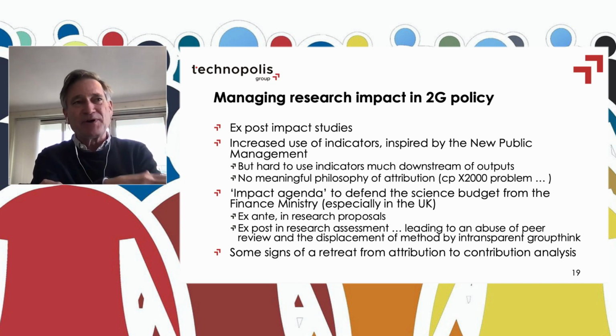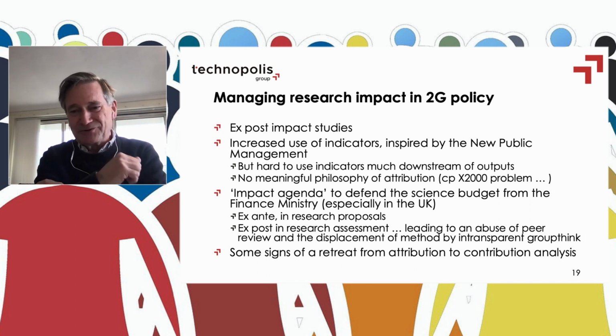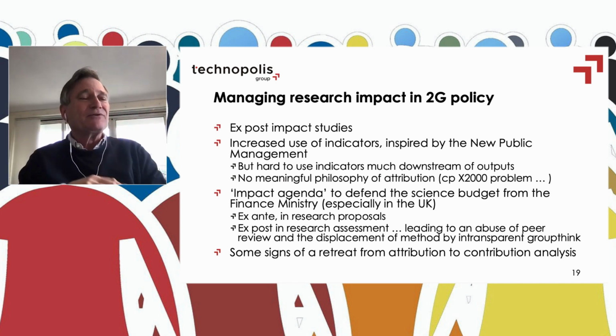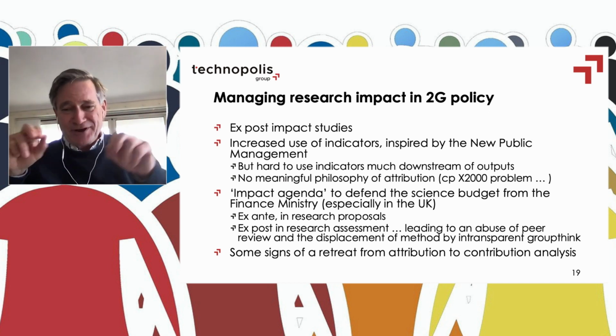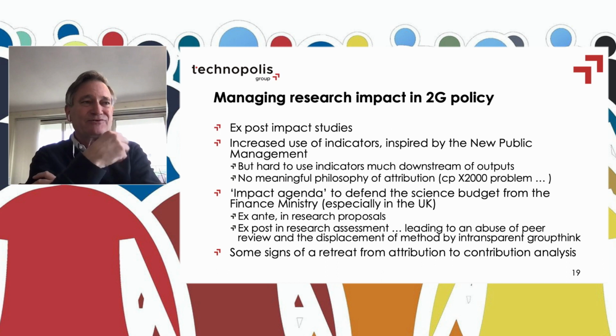Right? So if we look at how we've been managing research impact in second generation funding policy, well, there's an awful lot of ex post impact studies of various degrees of quality. The economists, econometricians, statisticians like to do an awful lot of stuff in this area, very highly developed statistical techniques, which in various ways estimate or explain, if you like, the link between inputs and outputs, but usually don't tell us very much about the processes of transforming inputs into outputs.